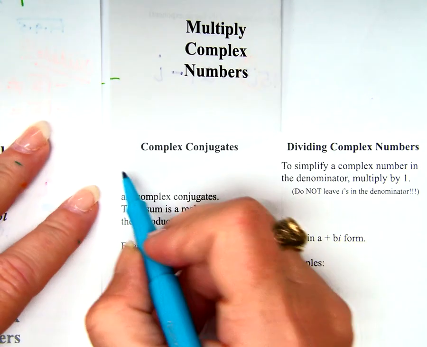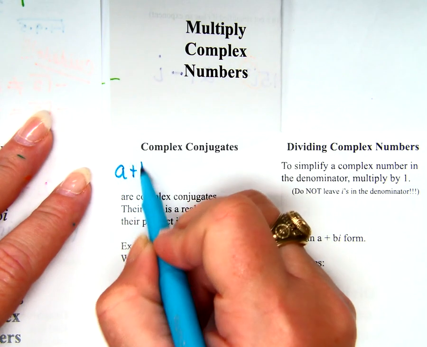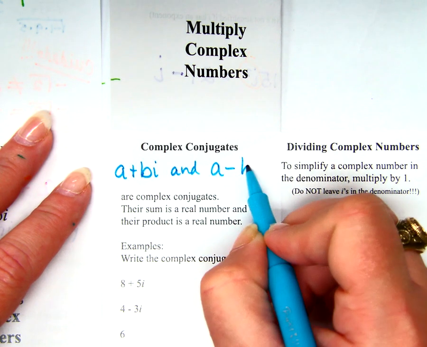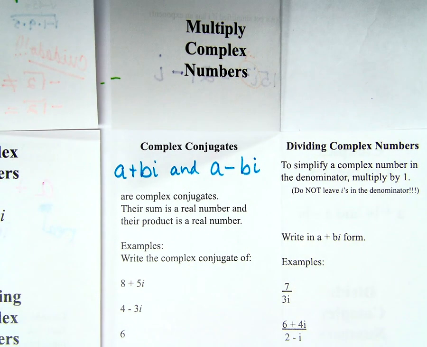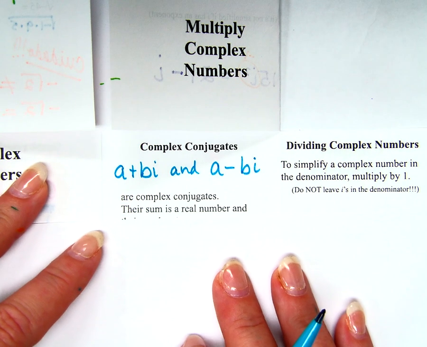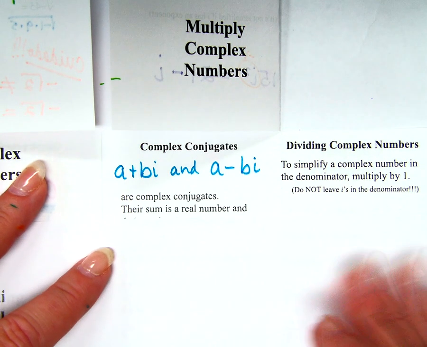Complex conjugates. A plus bi and A minus bi are complex conjugates of each other. Their sum is a real number. I'd like to prove that to you. What does sum mean?